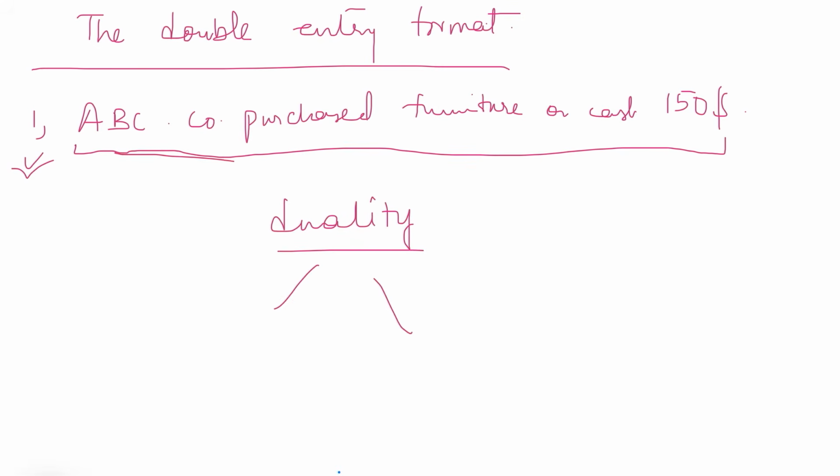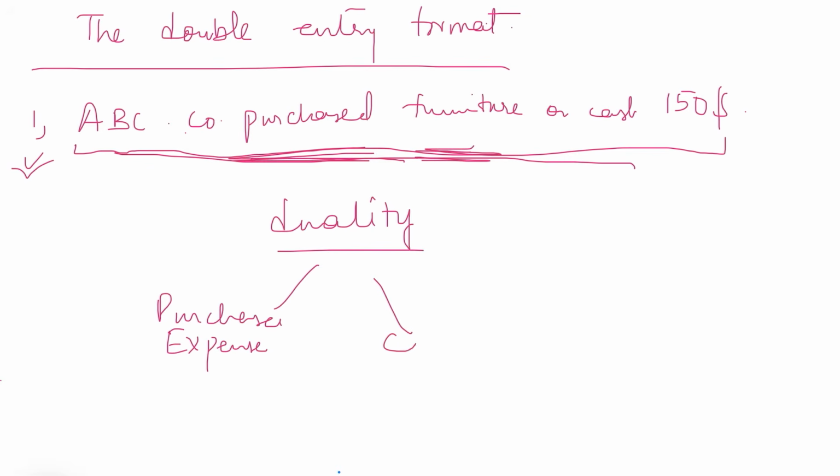For example, in this transaction, you can see ABC company purchased furniture on cash, $150. So by this transaction, we can easily find that we have purchased. The purchases is our expense, right? Purchases are the expenses, and we have purchased it on cash.